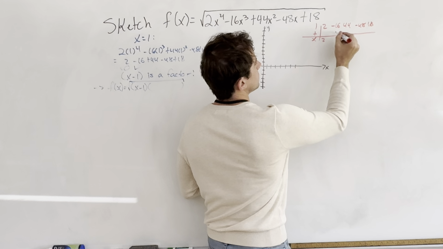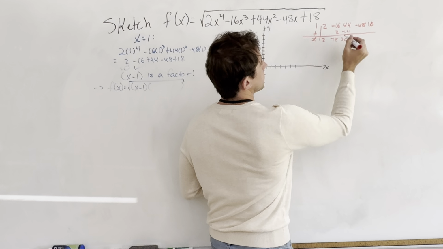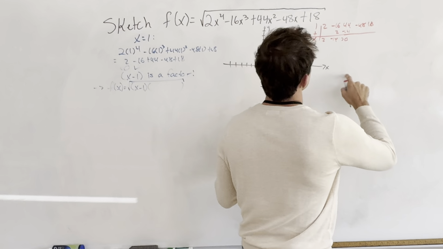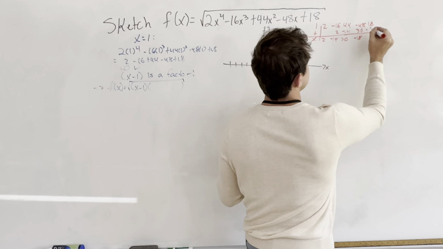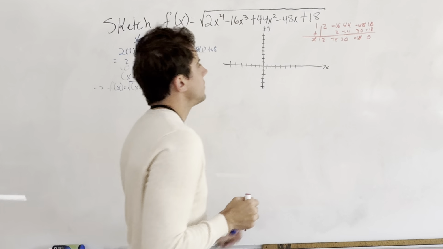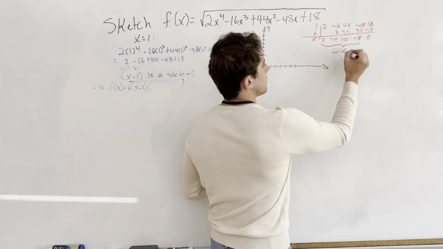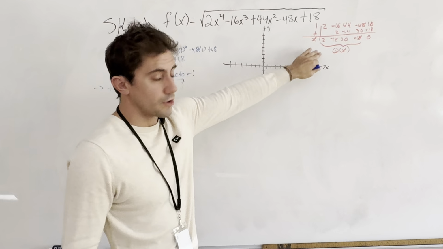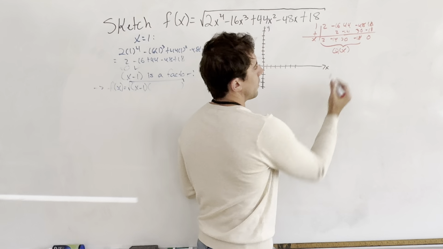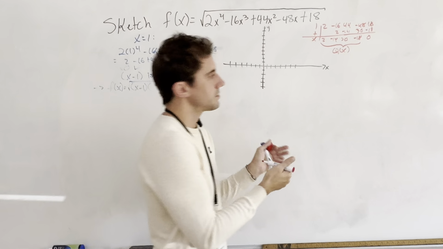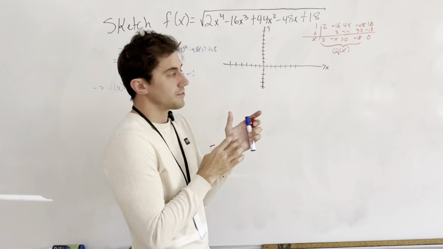We get 2, negative 14, 30, negative 18, and 0. And so we have this cubic polynomial as our first quotient. Since this is our first quotient, and we will have more, I'm going to call this q sub 1 of x, i.e. the first quotient of our polynomial f of x as we find all of its linear factors.